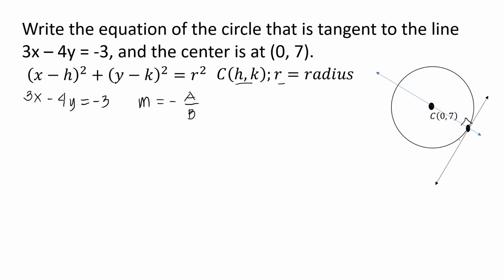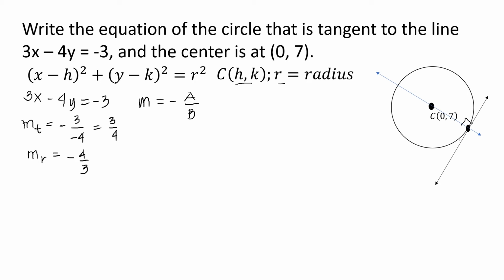Hence, the slope of the tangent line, let us represent that by m sub t, is equal to the negative of 3 over negative 4, and that is 3/4. Hence, the slope of the line containing the radius is the negative reciprocal of 3/4, and that is negative 4 over 3.